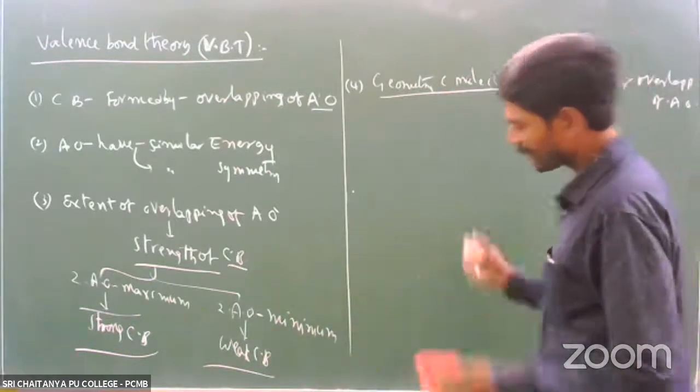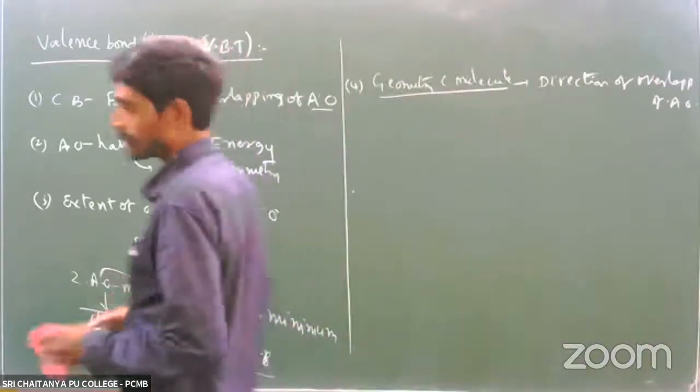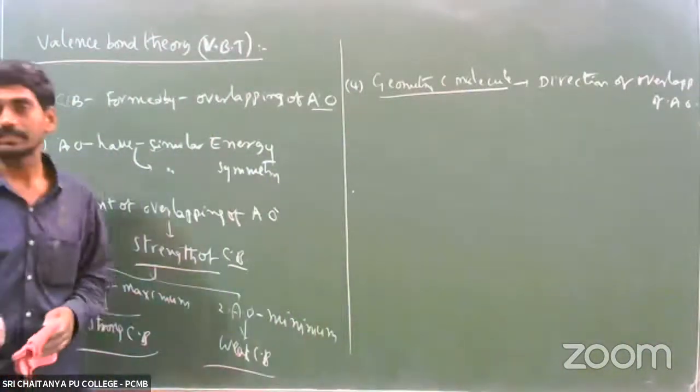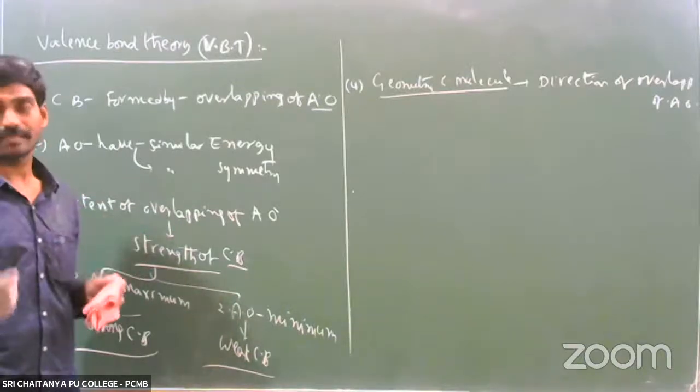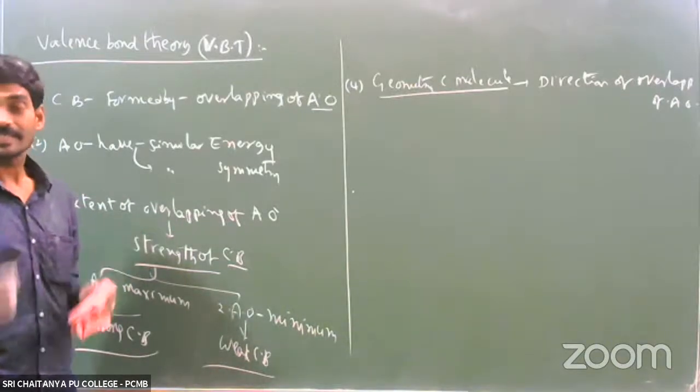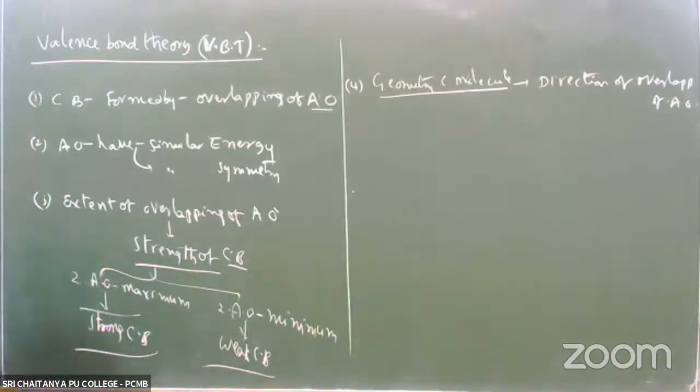That means on which direction the atomic orbitals get overlapped, in the same direction the arrangement of atoms takes place, and that will decide the particular geometry of the molecule.